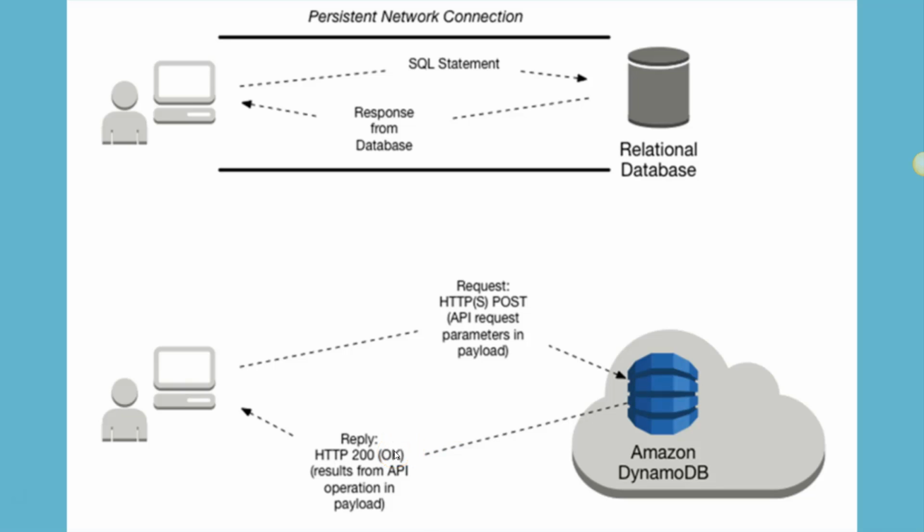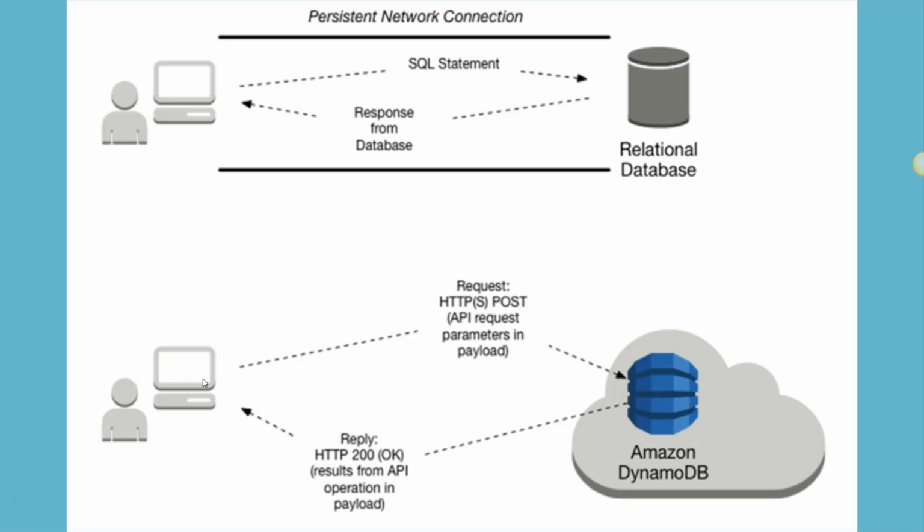Now last is receiving a response. In SQL, the RDBMS returns the results from the SQL statement. If there is an error, the RDBMS returns an error status and message. But if you go to Amazon DynamoDB, DynamoDB returns an HTTP response containing the results of the operation.